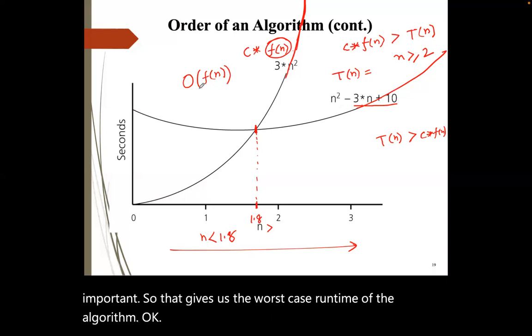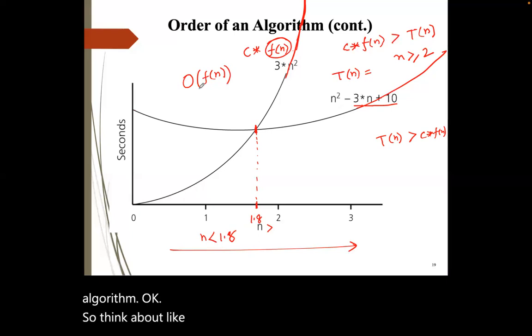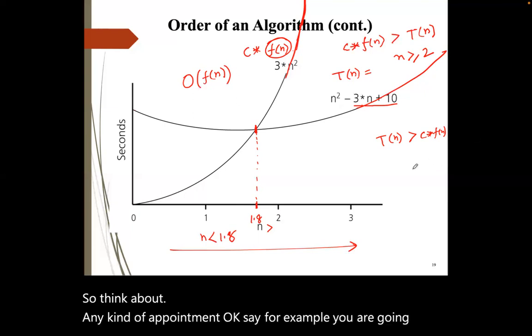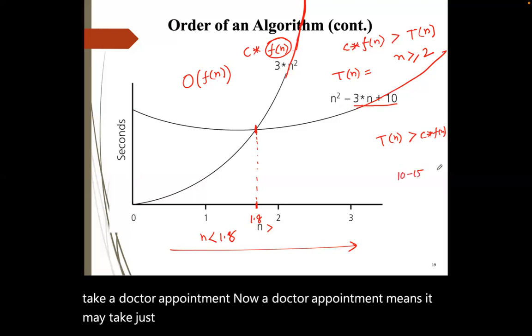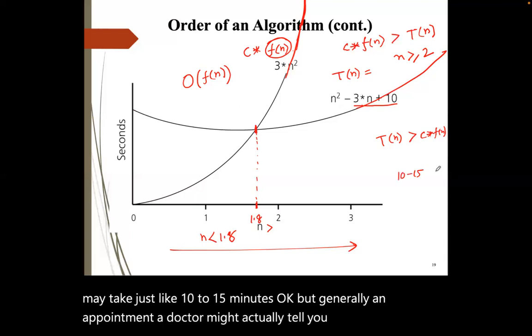Think about any kind of appointment. Say for example you are going to take a doctor appointment. A doctor appointment may take just 10 to 15 minutes, but generally a doctor might tell you to fix 40 minutes of time.